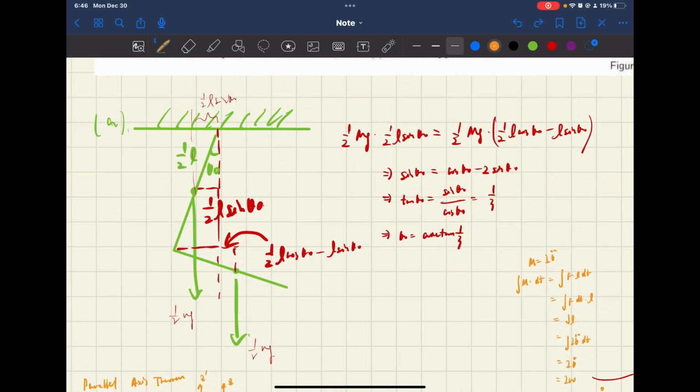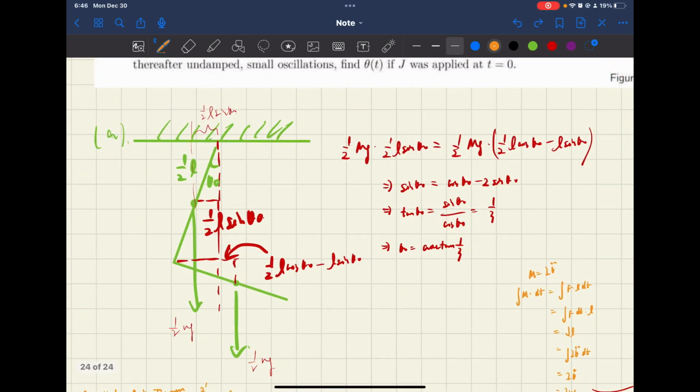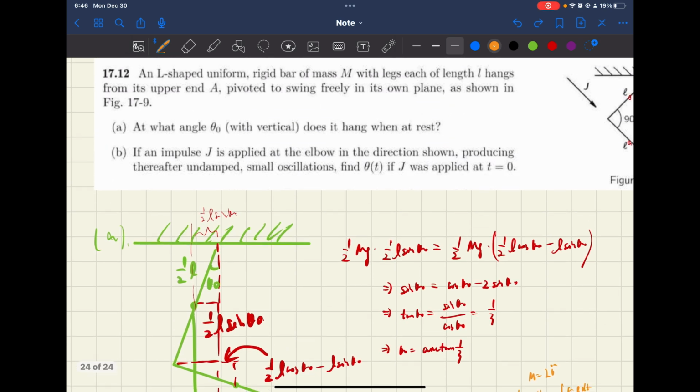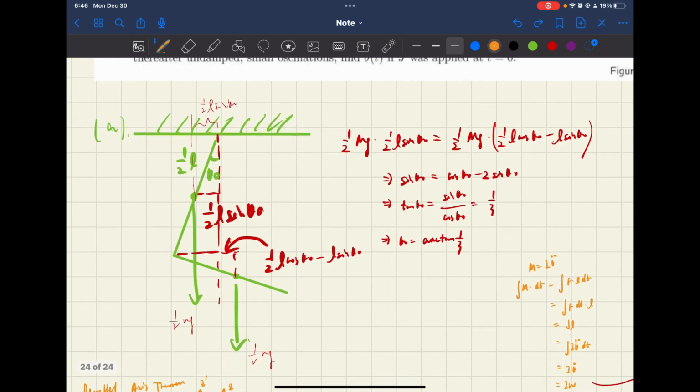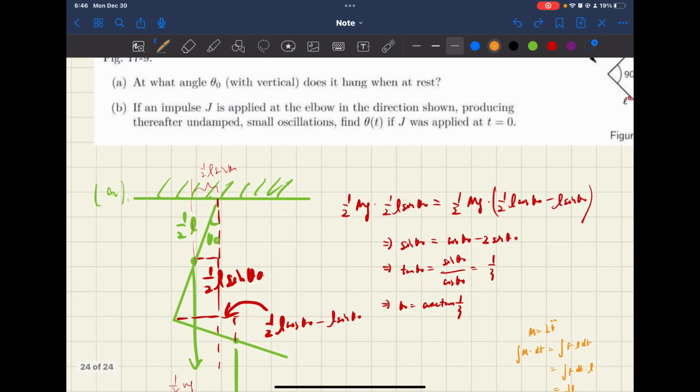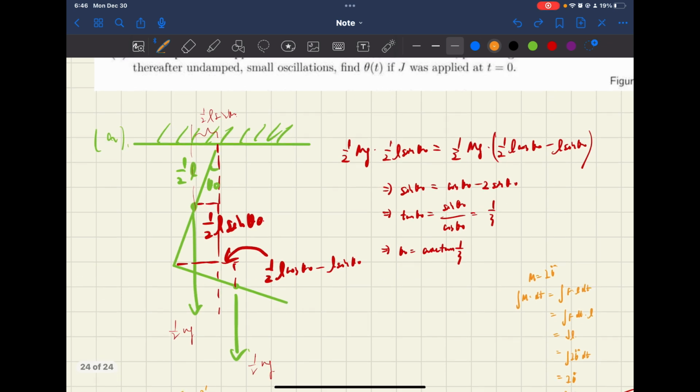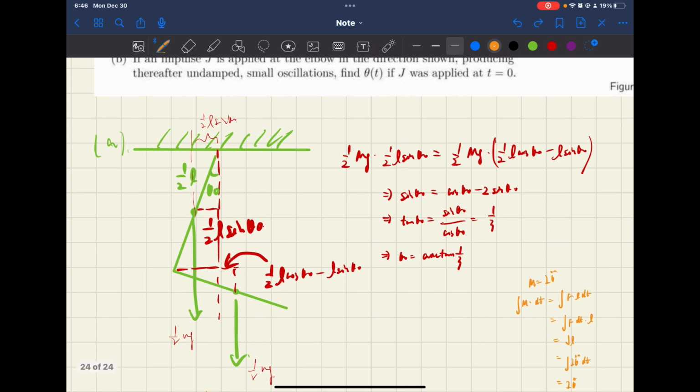Okay, now we have determined how this rigid body should look when it hangs at rest. Then we start to calculate the angle theta 0. We use the balance of the two torques caused by these two gravity forces. The first one is the torque caused by the gravity on the left side.